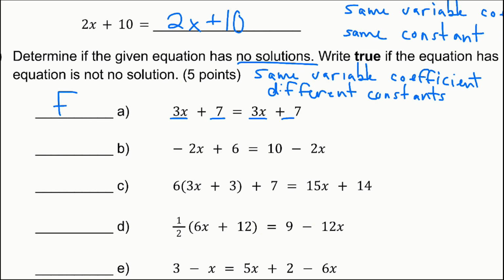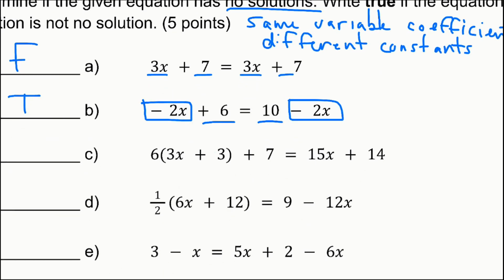Okay. Next one. Variable coefficient is a negative 2x on both sides. The constants, though, are different. So this would be true. This would get you a no solution. Okay. The next one we need to simplify a little bit.